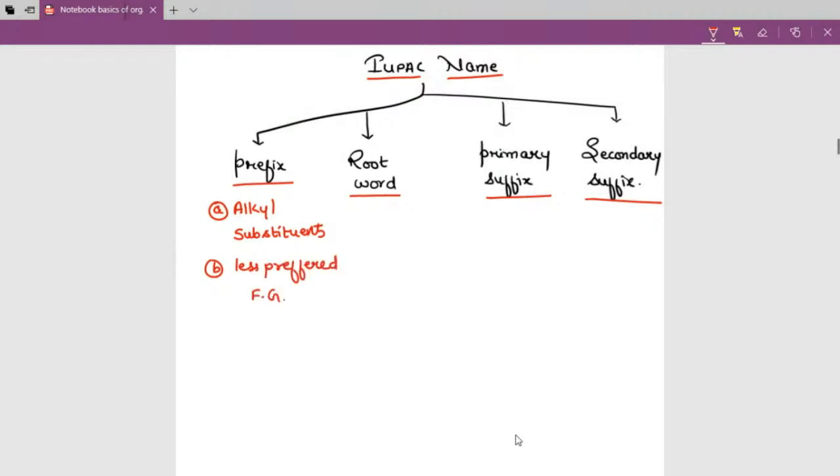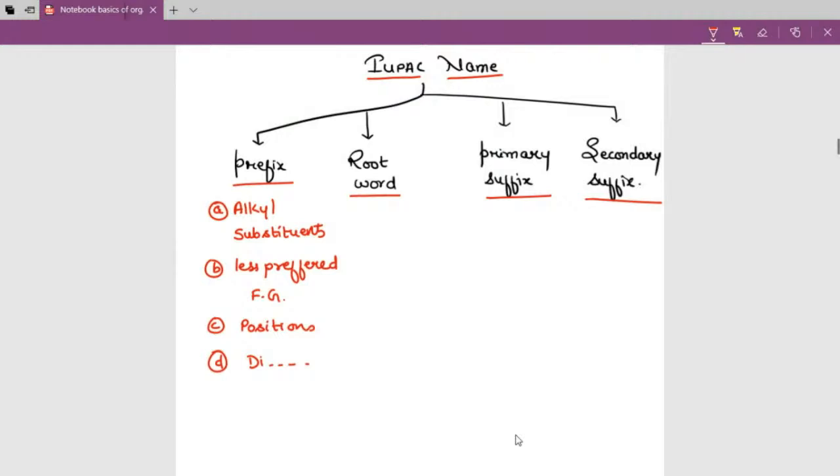If it is a multifunctional group molecule, then you can put the less preferred ones as prefix. It could be the positions, which many times we have to give. It could also be, just in case, some di, tri, tetra, etc. terms.